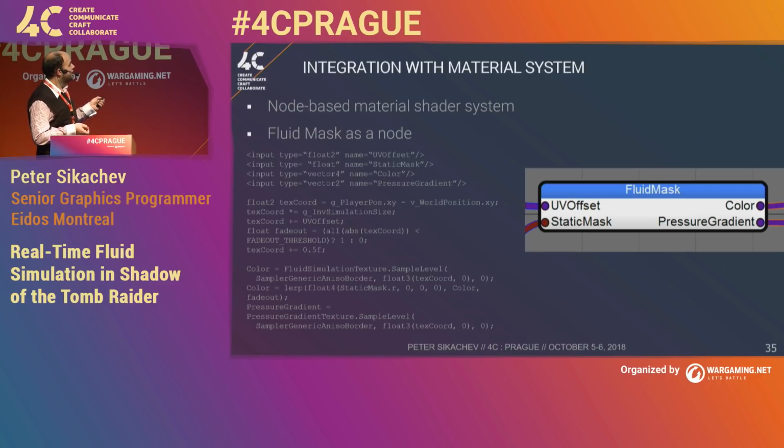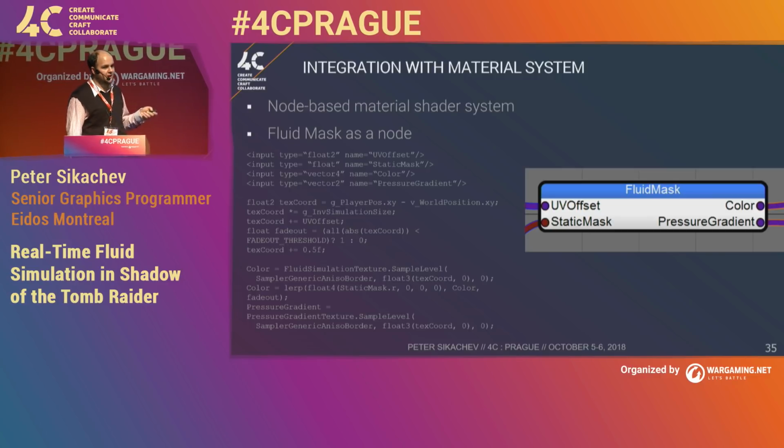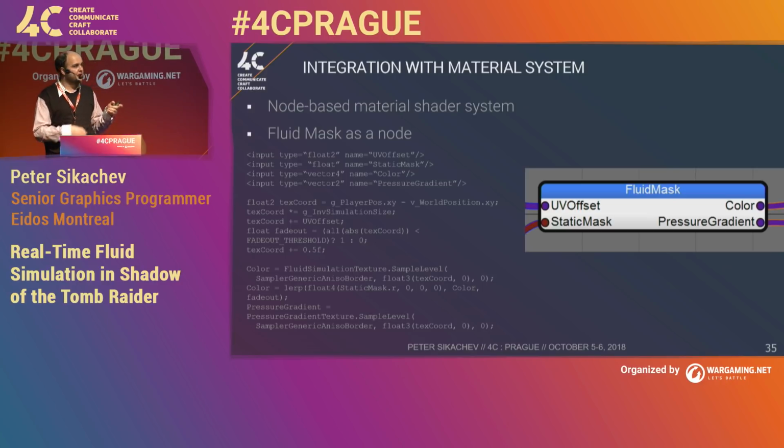It fetches the density and velocity maps that we got from the simulation, and it outputs density, velocity, and pressure gradient through those outputs. As input, it gets the UV offset and the static mask. You need to feed the exact same static mask to the simulation and to this fluid mask node.